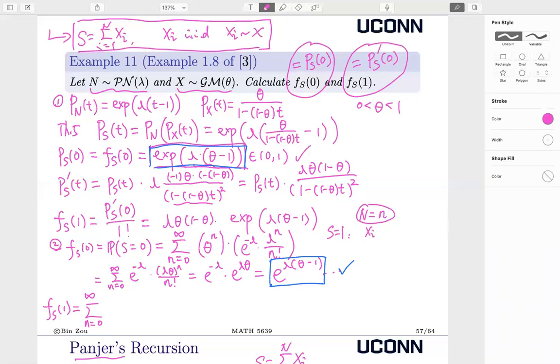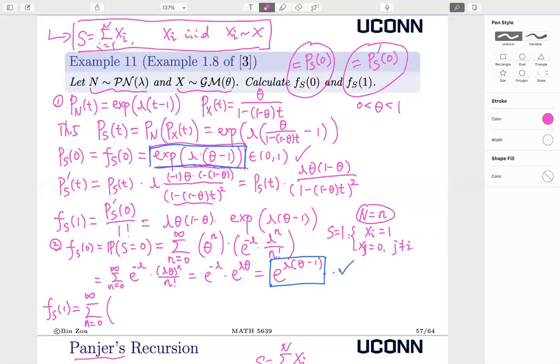So X_i is 1, and the rest X_j is 0, j not equal to i, right? So that's the analysis. Now I want the summation to be 1, okay? And all my X's are non-negative integers. So the only scenario that I will get 1 is 0 plus 1, right? So I only have one random variable being 1, and all the remaining random variables will be 0.